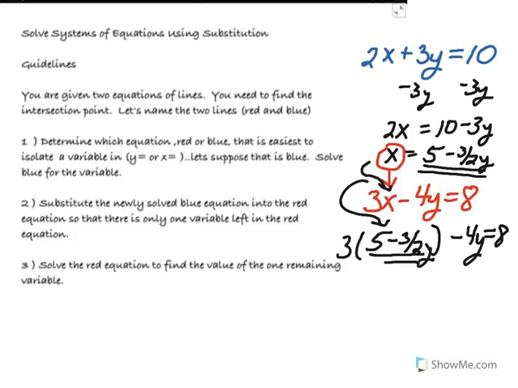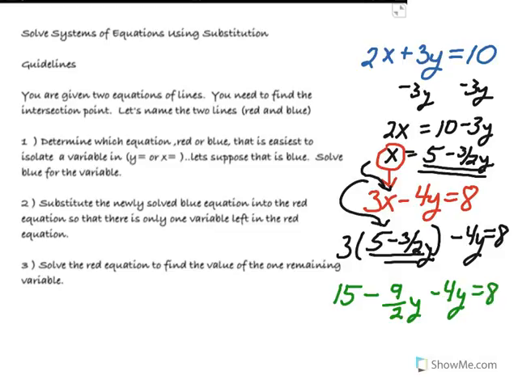Okay, the next step is to solve the equation that's left for the variable y, which is the only variable in the equation, doing some algebra. First thing we're going to do is distribute the 3, and we end up with 15 minus 9/2 y minus 4y equals 8.